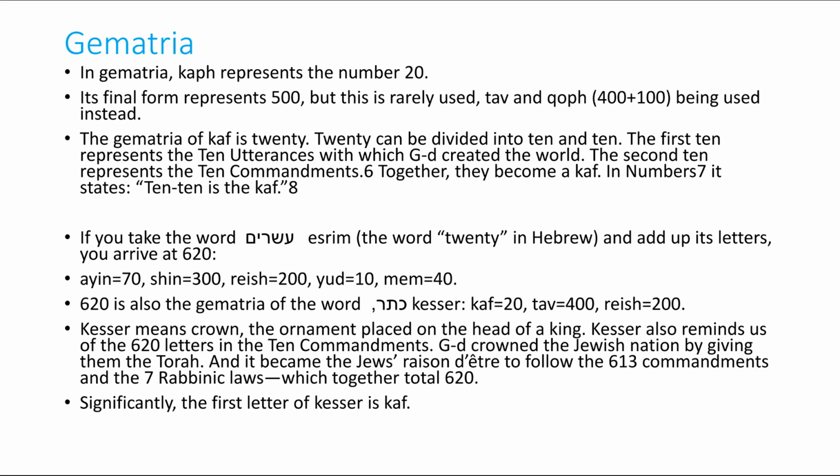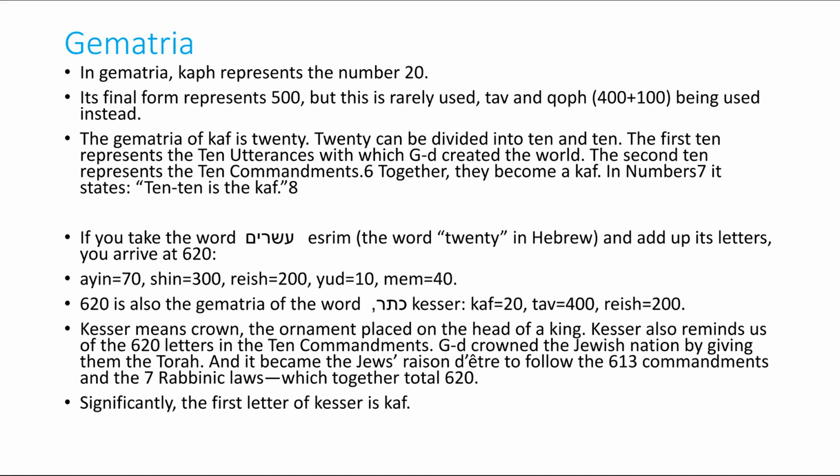So this ornament that you're placed on the head is meant to also remind us of the 620 letters in the 10 Commandments, and that God crowns, I'm sorry to say, the Jewish nation by giving them the Torah. Not everybody wants this Torah. It's been touted around. We're the only ones that said, yes, we'll have it.